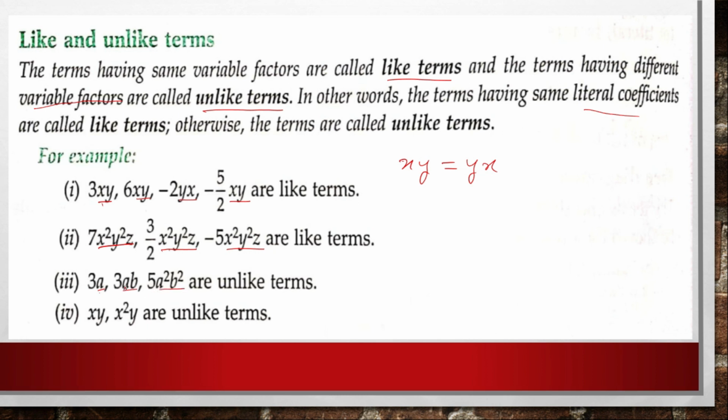So the variables are not matching. Though a is common to all, we must see whether the whole variable parts are equal or not. Here the variable parts are not the same, so these are unlike terms. Number 4, it is xy and the second one is x square y, so these are also unlike terms. This is a very important topic, so you need to understand it well.